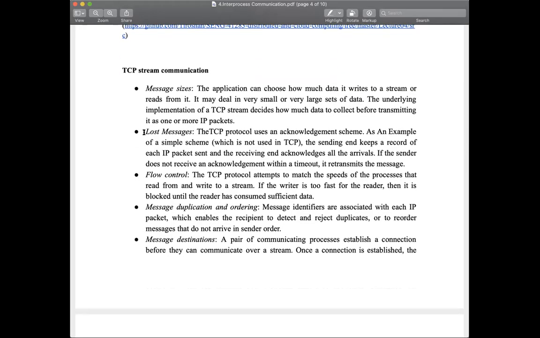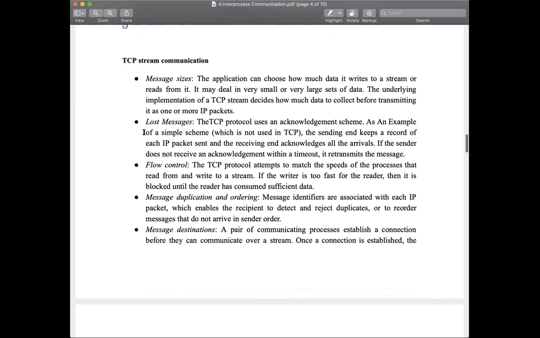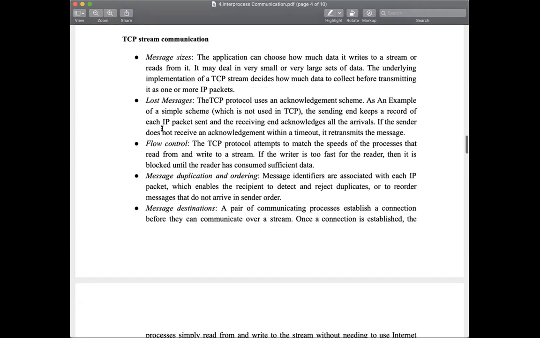And the TCP protocol prefers an acknowledgement scheme, not like UDP. That means it ensures that the sender gets an acknowledgement from the receiver, verifying that it has received the respective content. So likewise, the TCP protocol prefers acknowledgement.